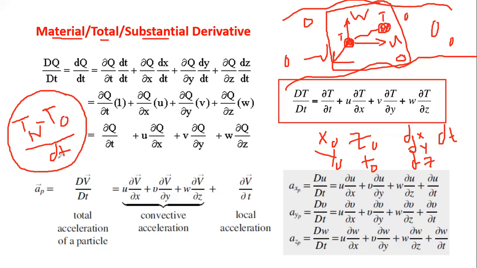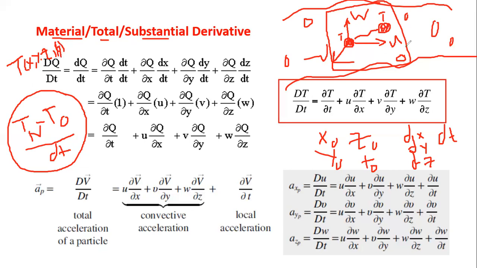But the problem is the temperature as a function could change with x, y, z, and t. So this derivative is not obtained only by just computing the derivative of the temperature with respect to time, because the flow could be steady, which means that the temperature doesn't depend on the time.